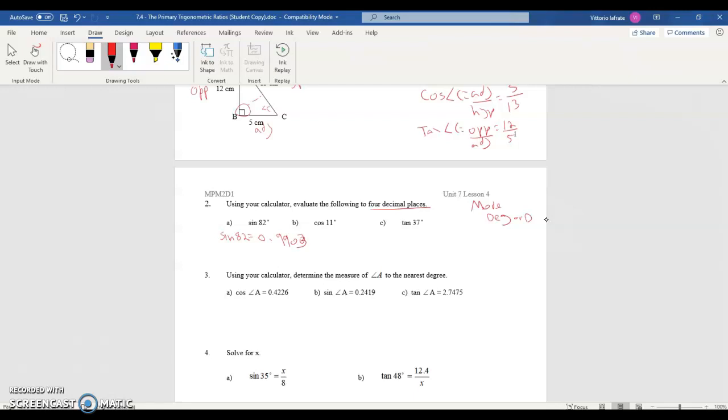And that's the 4 decimal places. Same idea for cos. So you do cos 11, so cos of angle 11. I'm going to go on my calculator, it's in degrees mode. I'm going to push cos, put the number 11 next to it, and then push equals, and I get 0.9816.